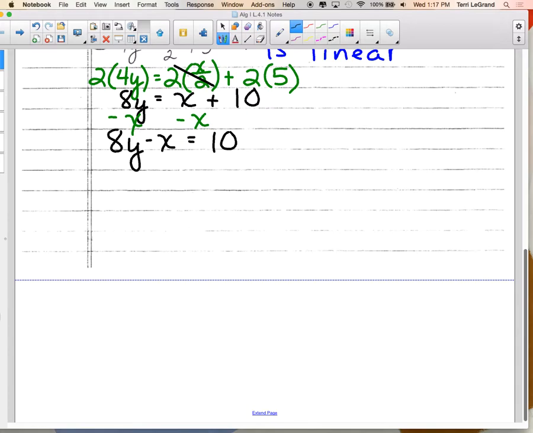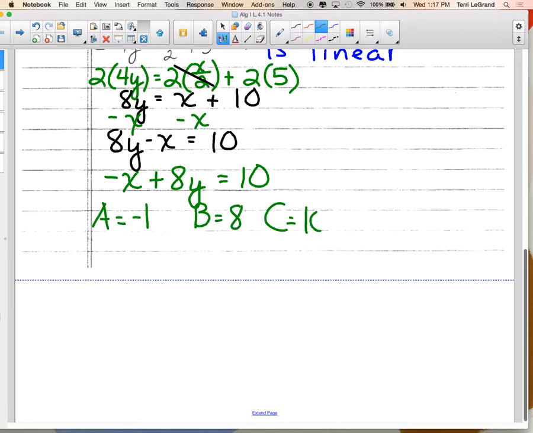How could it be rearranged? That is x plus y. Now does it look like ax plus by equals c? So a equals -1, b equals 8, c equals 10.